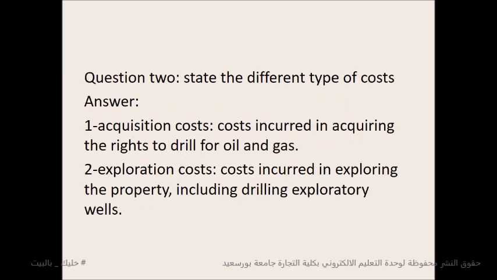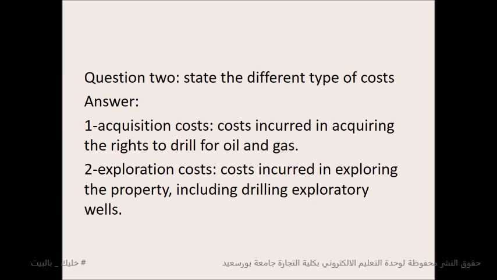Question 2. State the different types of costs. Number 1. Acquisition costs. The acquisition costs are costs incurred in acquiring the rights to drill for oil and gas. Number 2. Exploration costs.